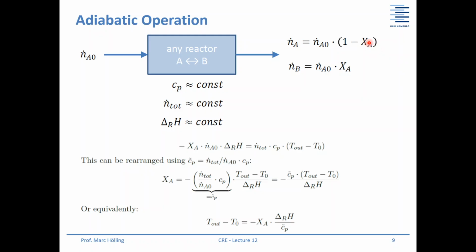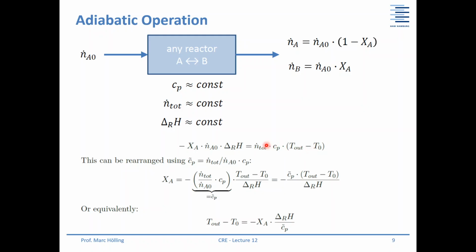And if you just do a simple enthalpy balance, then you can say, okay, if I have an endothermic reaction, so this is negative, and you know your inlet mole flow, and you know your conversion inside the reactor, so this is rather the heat that is released, and the heat which is released should lead to a temperature increase.